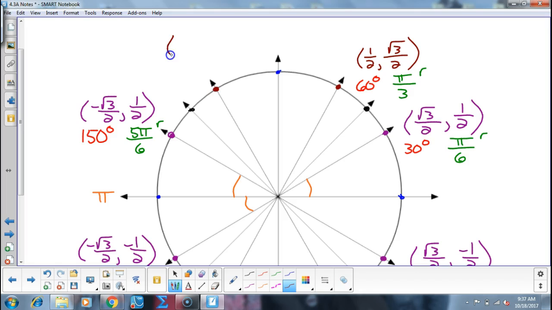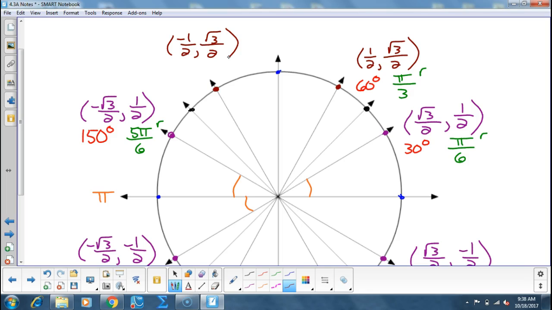Coordinates, -1/2, comma, positive square root of 3 over 2. In terms of degrees, 120 now, right? Because now we're going up by 60s. We're going up by pi over 3 every time, right? So it'd be 2 pi over 3.